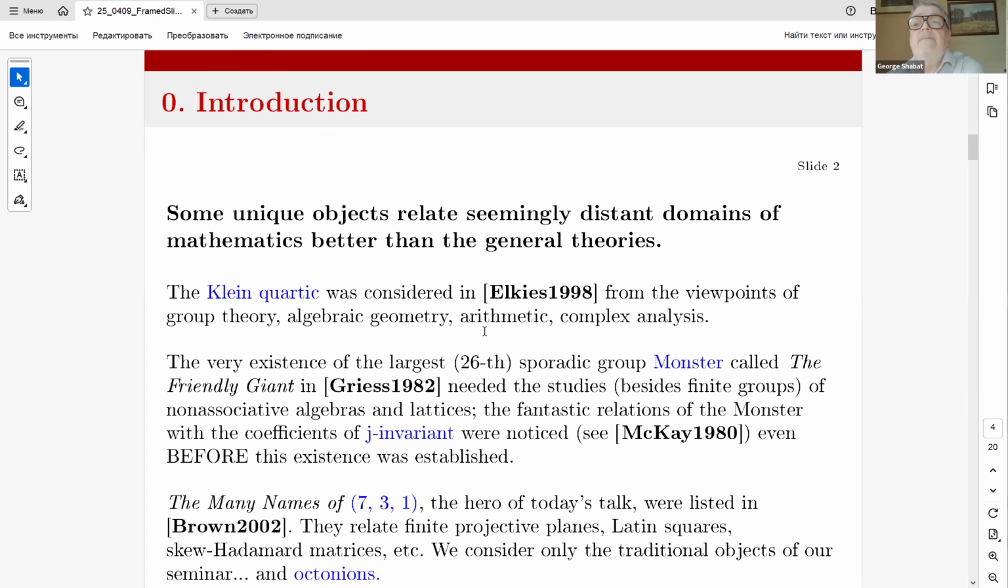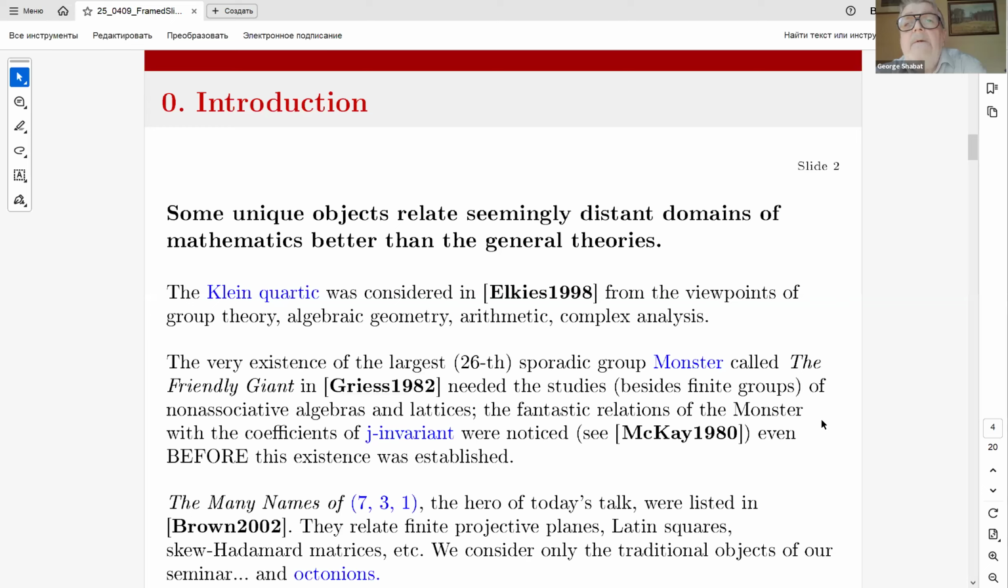So the zero slide of my talk contains just some philosophy in the attempt to put this material in a more general mathematical context. The talk is devoted to quite a particular object.